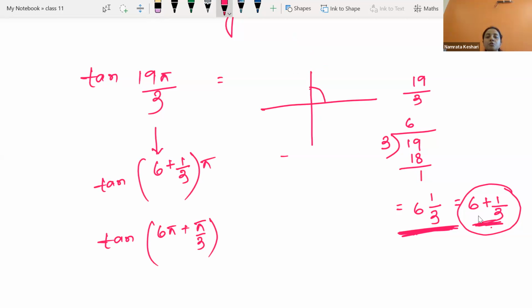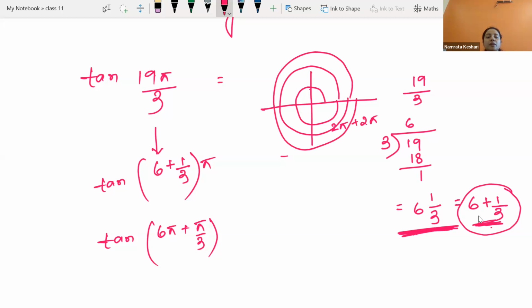So the complete revolution is 2 pi. Yes or no? Yes, ma'am. Again one complete revolution, 2 pi. Again one complete revolution, 2 pi. That means 3 into 2 pi, right? Yes, ma'am. Plus pi by 3.